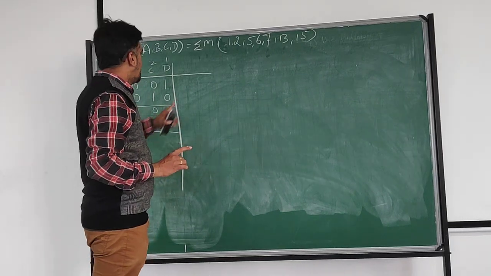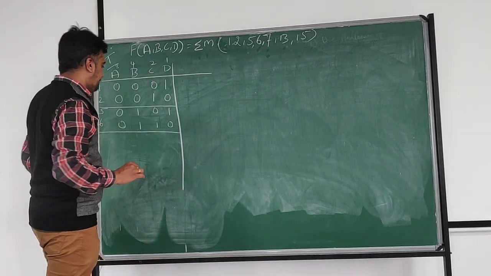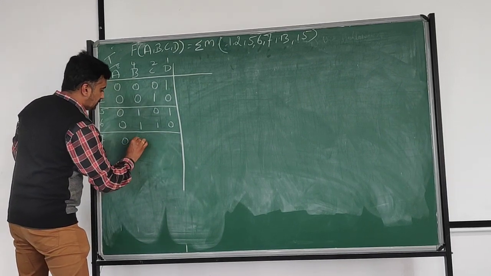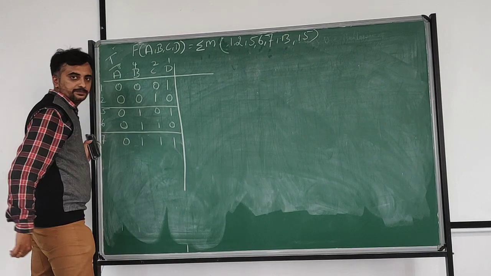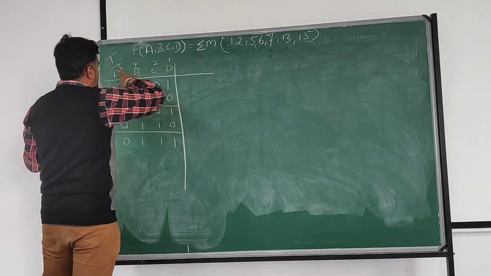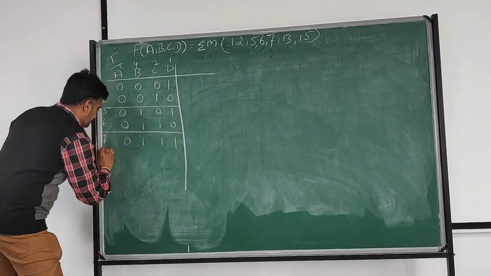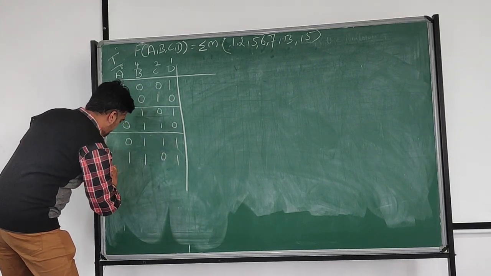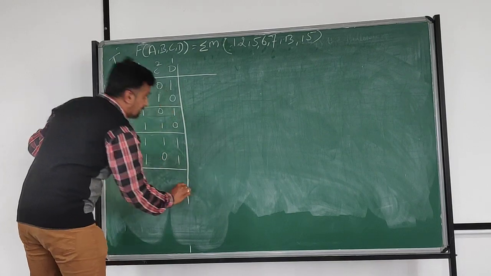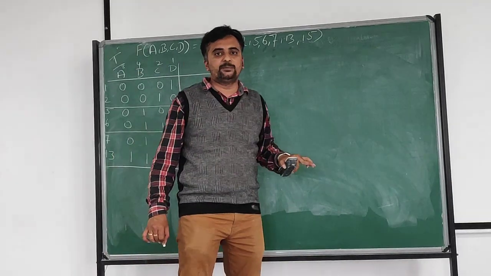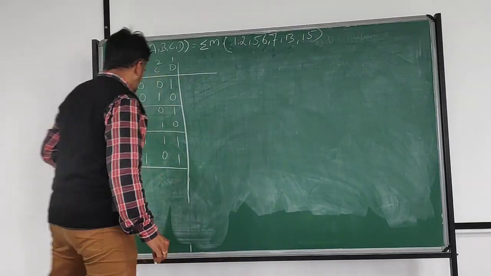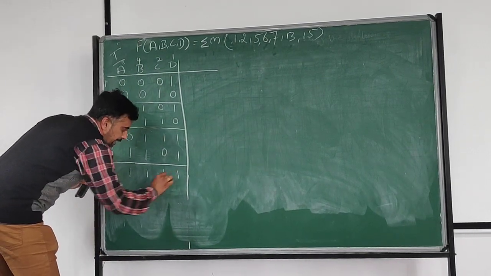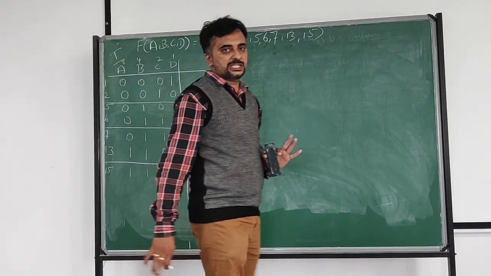After two ones, let's go for three ones. 7 is 0, 1, 1, 1. Next 13, which is also three ones: 8 plus 4 is 12, 12 plus 1 is 13. So 13 is 1, 1, 0, 1. Bifurcate the three ones. Finally, 15 is the number of four ones, in the last column: 1, 1, 1, 1. This is the first step.